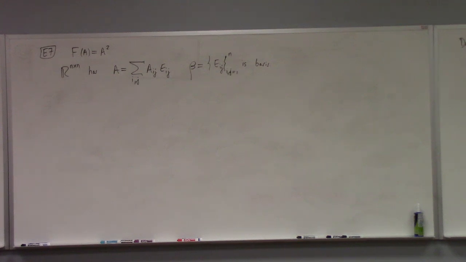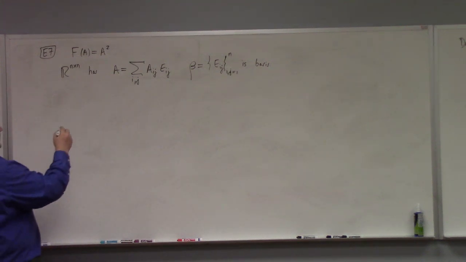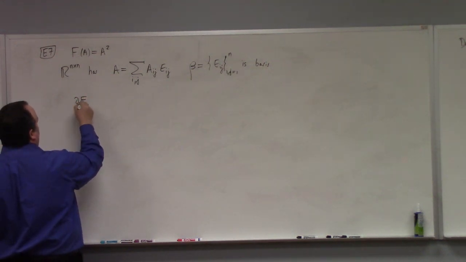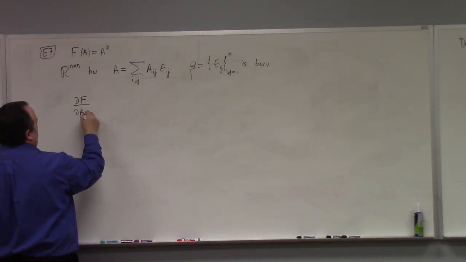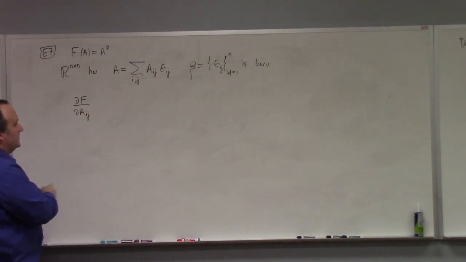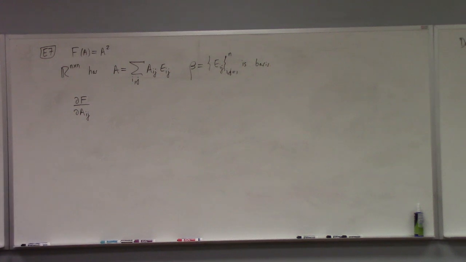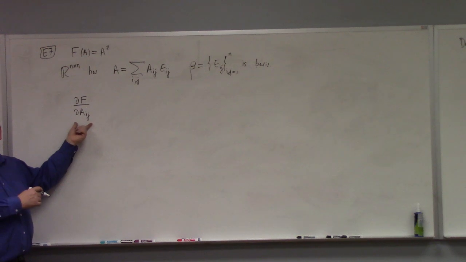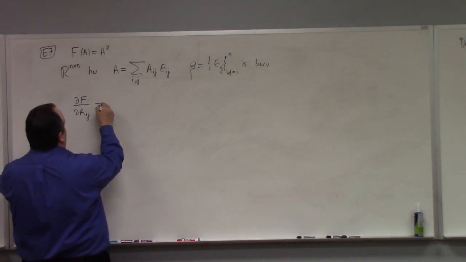Let's use the differentiation formulation and calculate partial f, partial a_ij. You notice that a_ij is a natural notation here for the coordinate functions on the n by n matrices. Those are the coordinates.